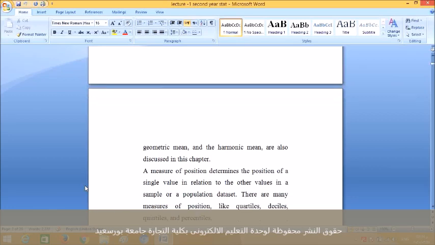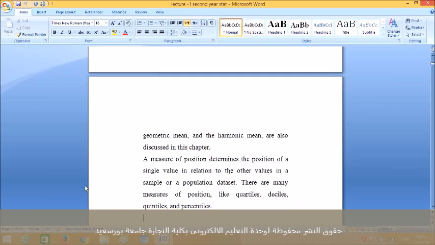There are many measures of position, like quartiles, deciles, quintiles, and percentiles. So we have measures of central tendency in addition to some measures of position.